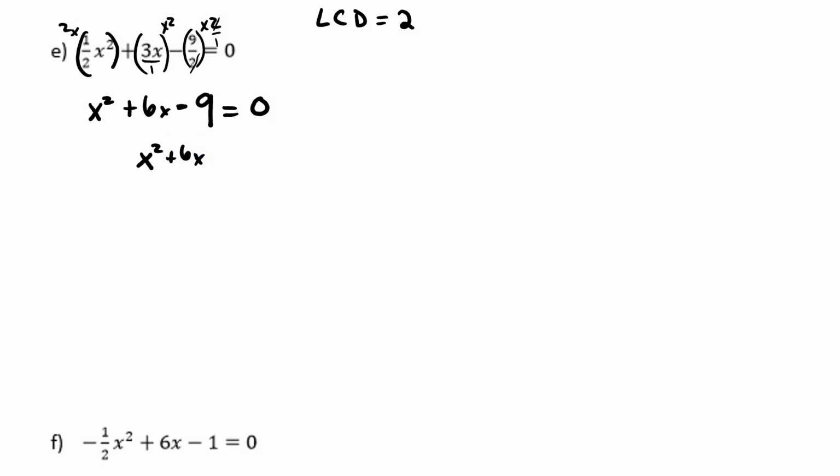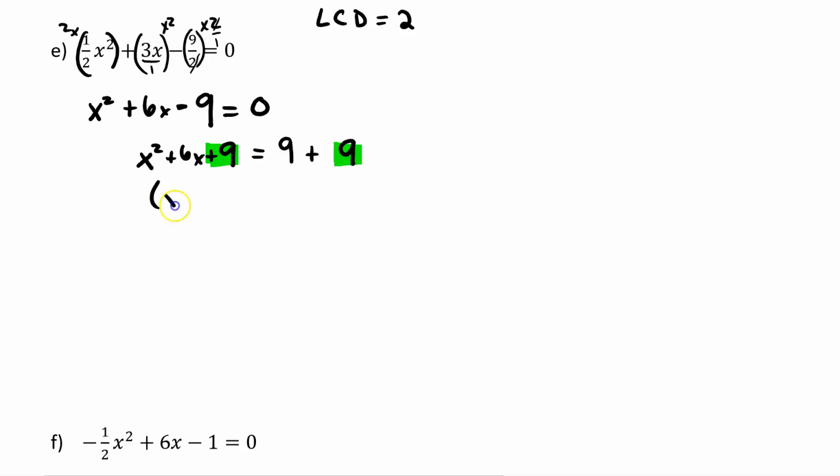I'm going to leave room for both this and this. Equals +9 plus whatever we add in the green. So the number that makes this a perfect square trinomial: half of 6 is 3, squared is 9, so it's going to be +9, +9.